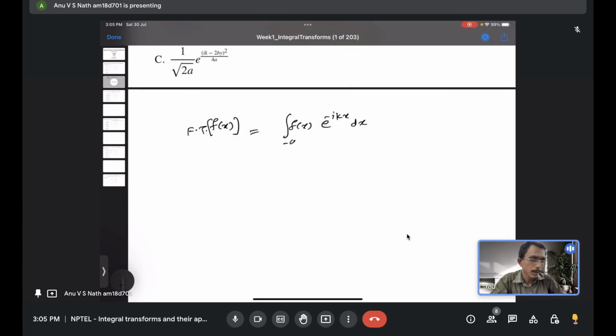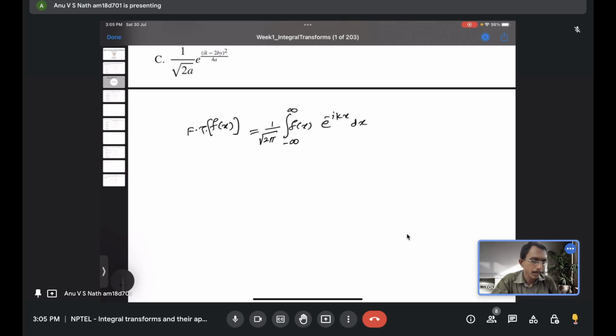Depending upon the field, you may put some normalization constant. Here in mathematics we use 1 by square root of 2 pi. In electrical engineering it is directly 1 by 2 pi. So depending on the context, the normalization constant may vary, but this is the basic form.